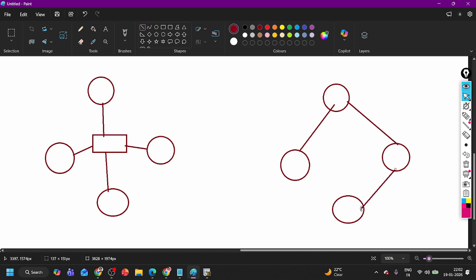Here, what should the network type be? Here it should be point to point. Here, point to point network type. Here we should have a broadcast network type between all the routers, and here broadcast. Right? Again, we have 4 routers only in both scenarios, but you can see the connectivity is different.